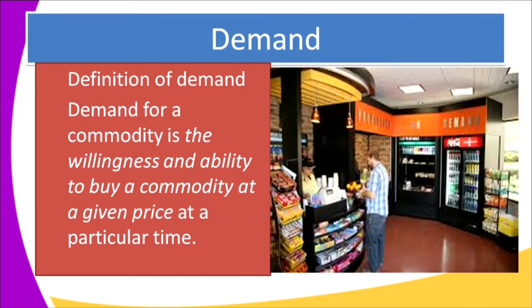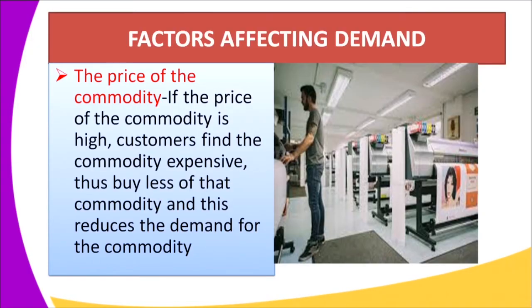If you are not willing, we may not refer to that as demand, and you should also be in a position to afford or to get the amount that that product is sold at. So for it to be referred to as demand, you must be willing, you must be able, and you must be able to get the amount at which the product is being sold.